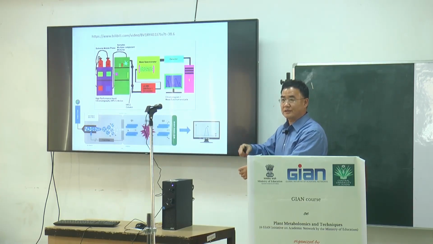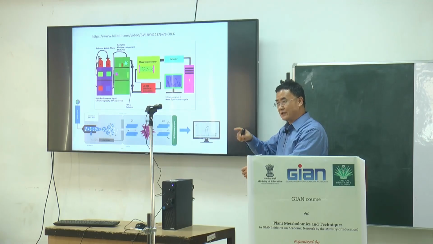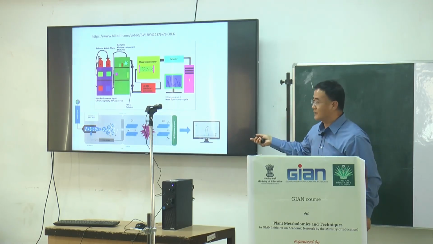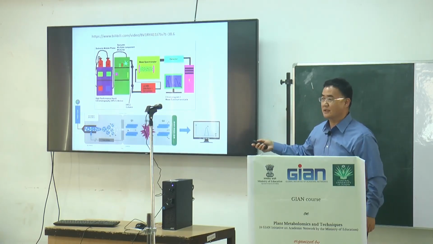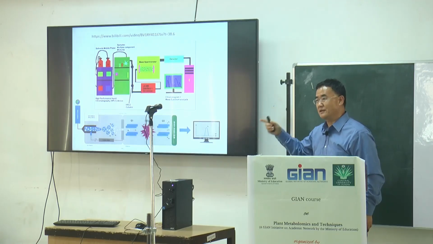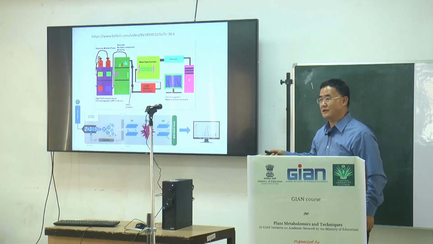So you can quickly get the compound-enriched fraction, then do other work. But using LCMS, you can get a very quick preliminary result, and you decide what type of compound this is.